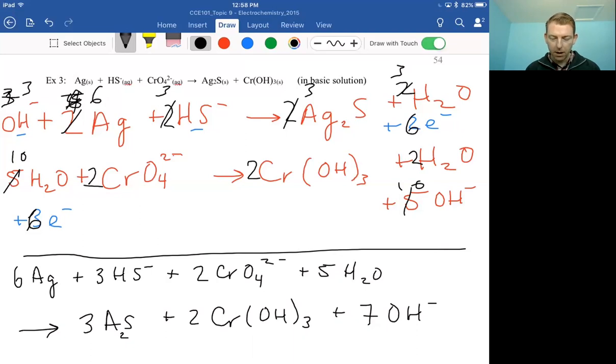Okay, so there you have it. So there's the balanced reaction in basic solution.